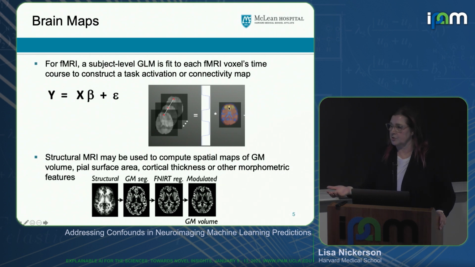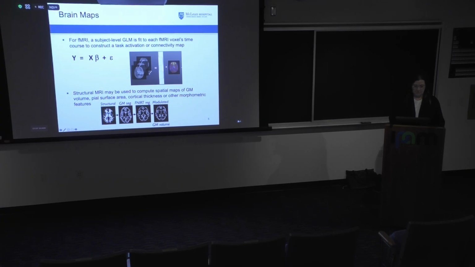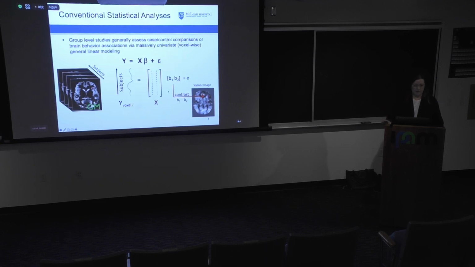You do this for every location in the brain, and you build up this brain activation map. These are then features that are passed to higher level analyses at the group level. Group level studies generally focus on assessing case control comparisons or brain behavior associations via massively univariate or voxel-wise general linear modeling.